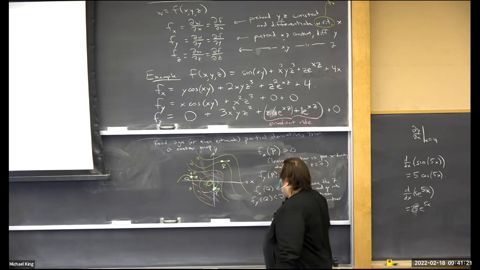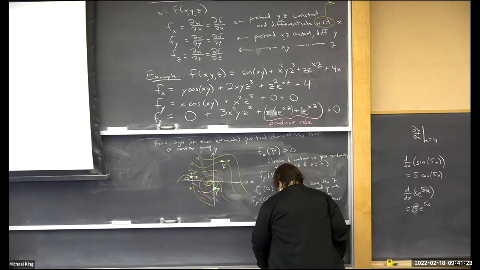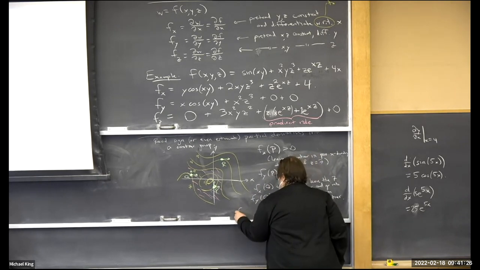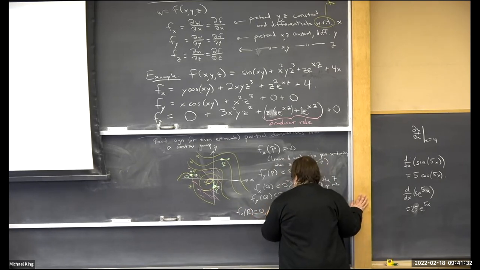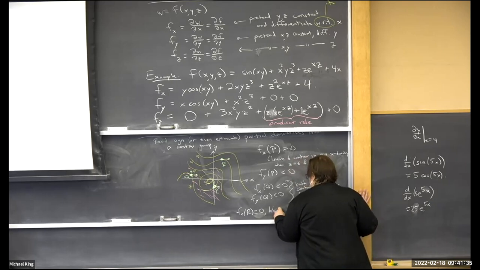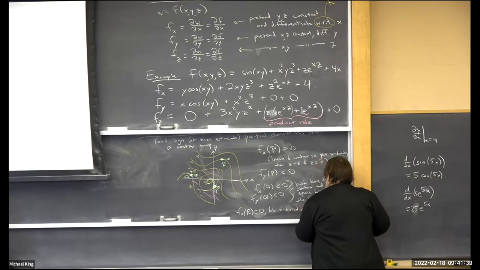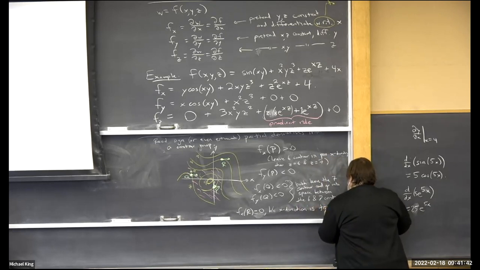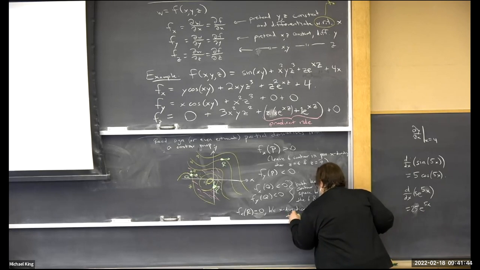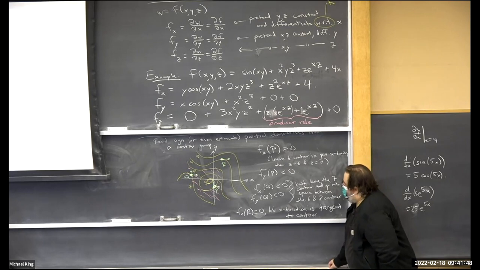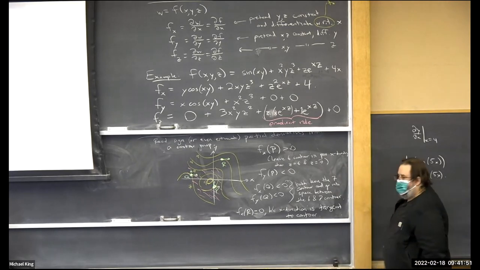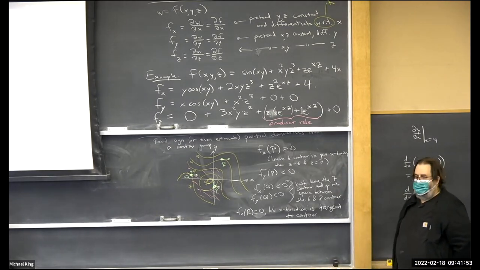So actually the partial x at this point R is 0, for the reasons we're saying. But you could say because the x direction is tangent to the contour. Can anybody see a point where the partial y would be 0? Yeah.